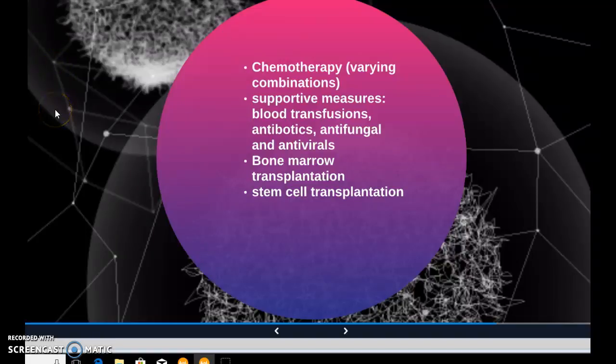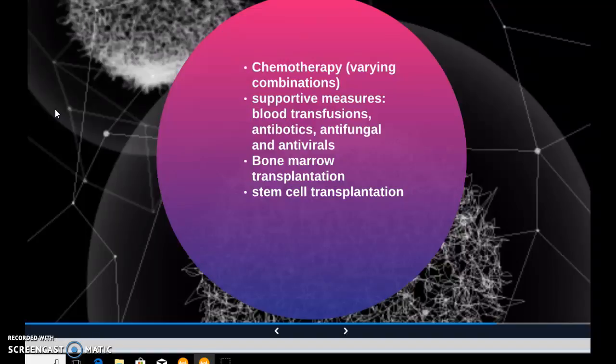We have a lot of intravenous chemotherapies, and for our CMLs there is now a PO medication, Gleevec, which specifically targets BCR-ABL, and we use that in our CML patients.